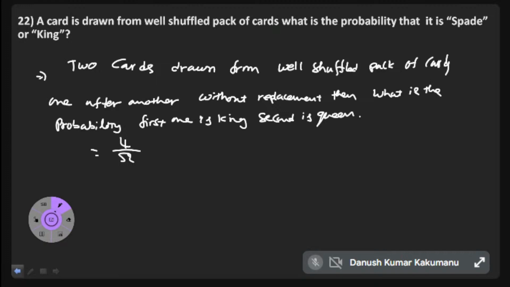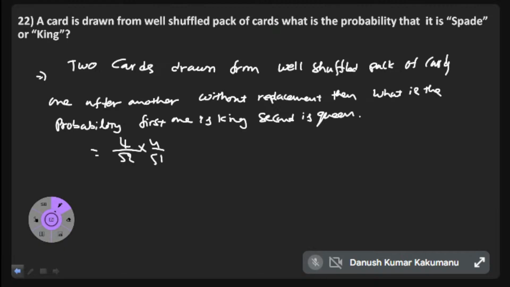How many queens are there? Do you want to add or multiply? Multiply, not addition. Addition is only when you are using the words either A or B. First card is king, second card is queen. Is it clear? Multiply, independent.